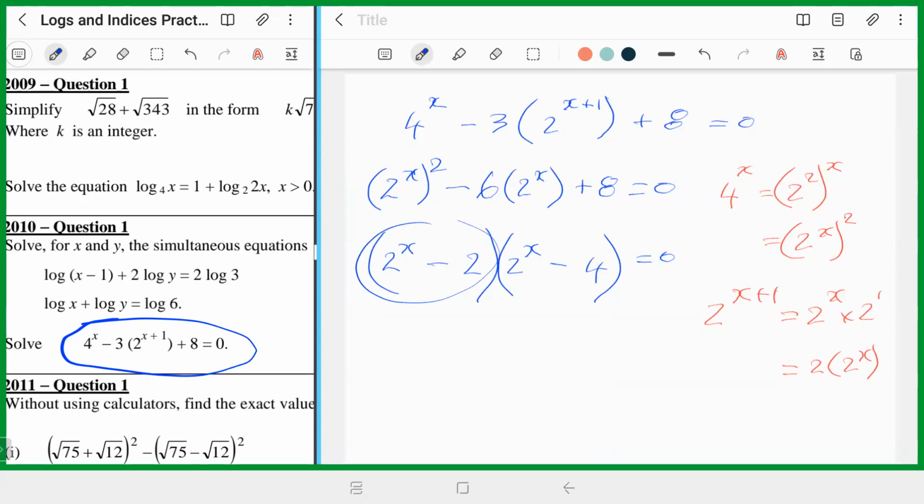This one means that 2 to the x is equal to 2, or this one means that 2 to the x is equal to 4.